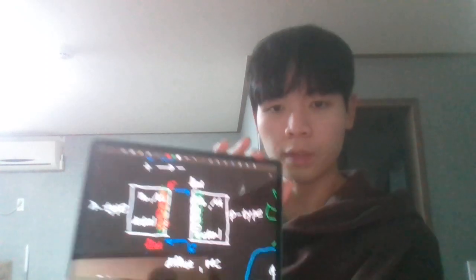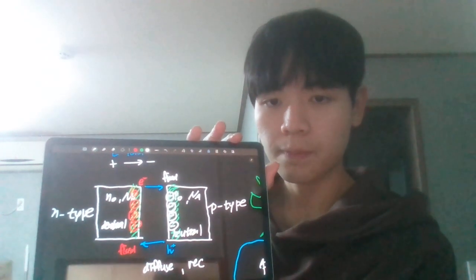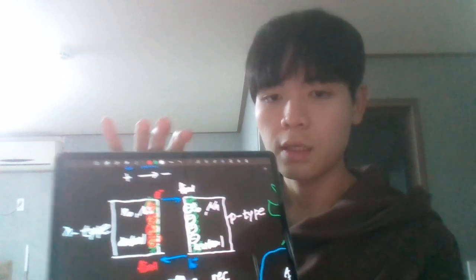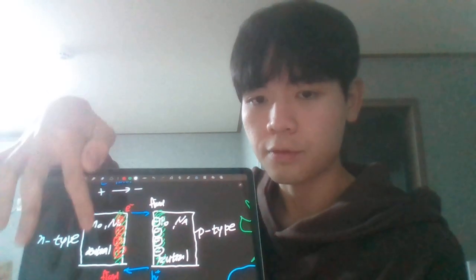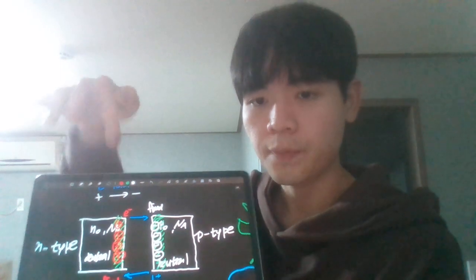And when the diffusion occurs, both the n-type and p-type make an empty space. I drew a green line here because the holes and electrons have moved. For the n-type, the empty space is actually a plus fixed charge, because only the donors remain.